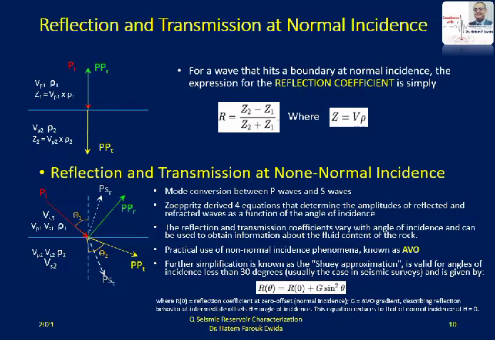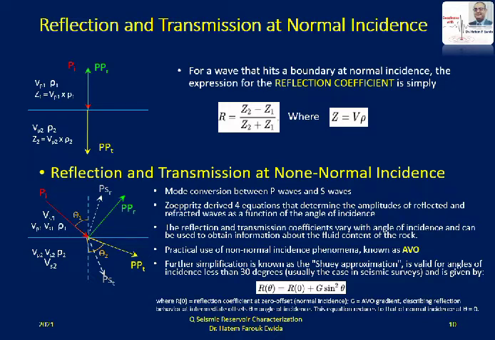The reflection and transmission coefficient with angle of incidence is used to know the fluid content of the rocks. And the technique that we use for that is called AVO, or amplitude variation with offset. And this is the main key for reservoir characterization using the seismic data.